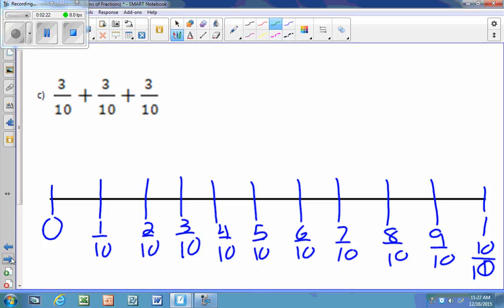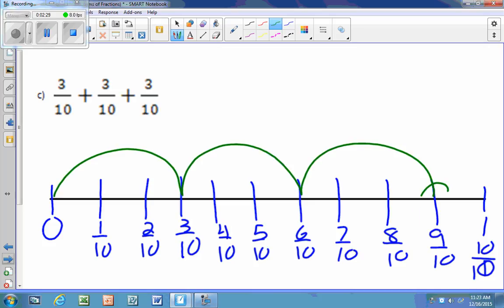So now I'm going to start with my jumping. I'm going to jump 3/10. Then I have another 3/10 and another 3/10, and I end up right there. So my answer is 9/10.